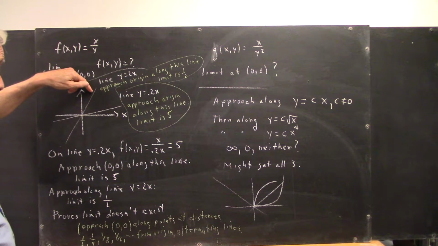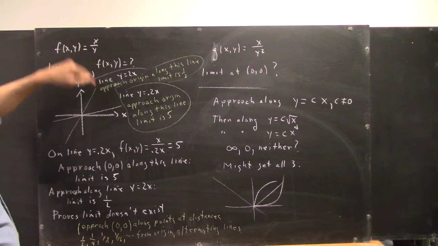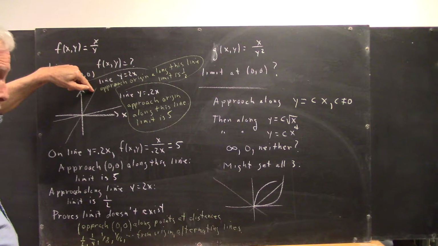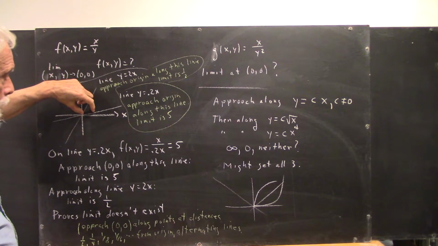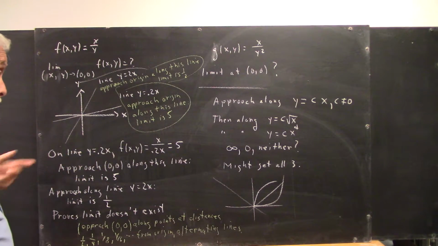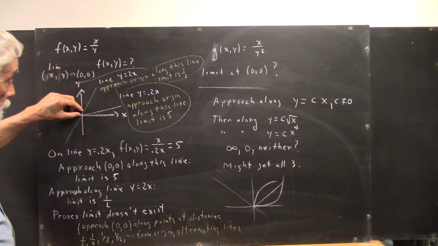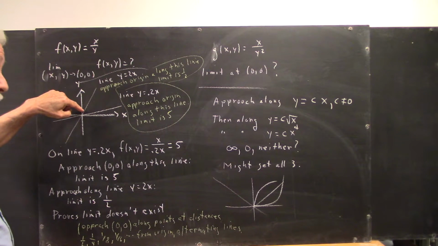If we start on this line and this distance is 1/2, then we know that the value of this function is going to be 1/2. And then if we go to the point where the distance is 1/4, but we switch from this line to this, we know that the value is going to be 5. And then we switch back to this line at a distance of 1/8 from the origin, and the value is going to be 1/2 again.